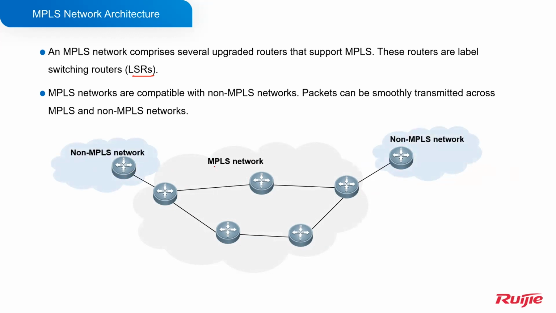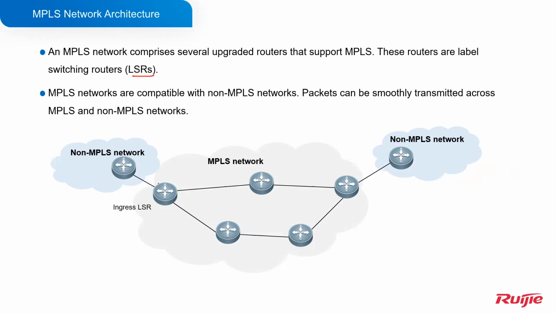It's very typical. For example, in China, the ISP usually uses an MPLS network to connect with multiple enterprise networks. The enterprises only use IPv4 networks, so they don't know what MPLS means. The function is very similar to the ISP providing a VPN network for them. And in this network, we have some basic concepts.